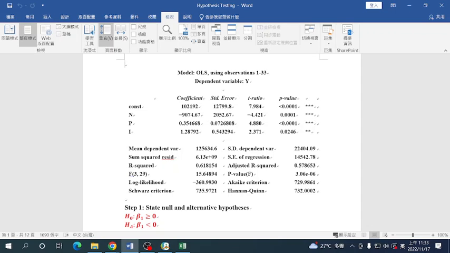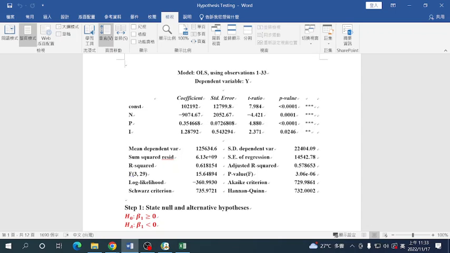Look at the distribution of F. When I draw the F distribution, it's really different from the T distribution. The T distribution is symmetric; this one is skewed, like this.